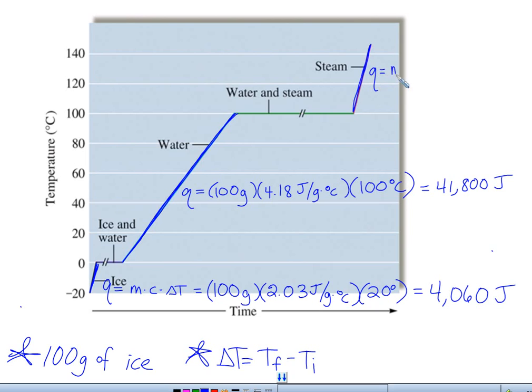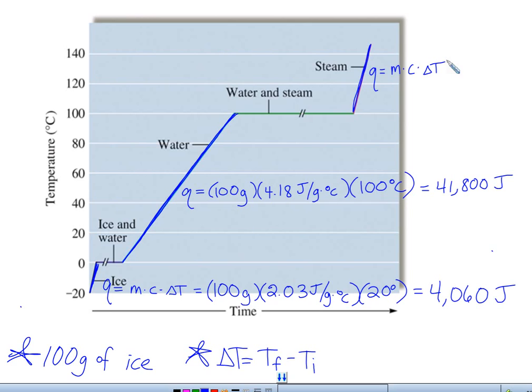Q equals mass times specific heat times temperature change. For water, you just have to make sure that you use the specific heat in the gas phase, and you'd look it up. Now you cannot use this equation at the other sections of the graph because we mentioned there is no temperature change. And obviously heat is still being added.